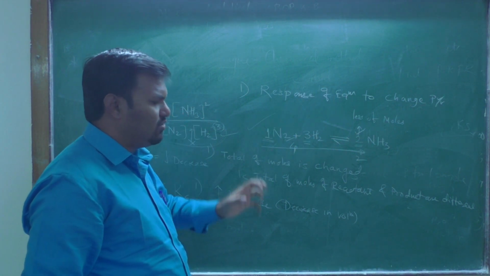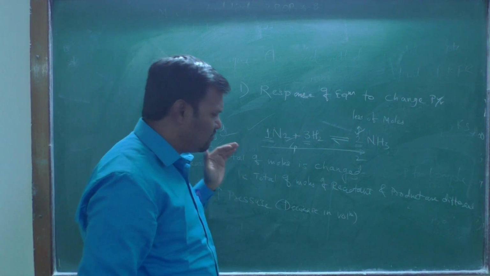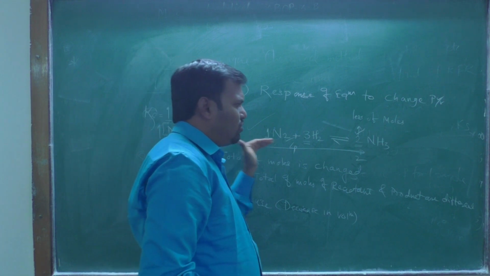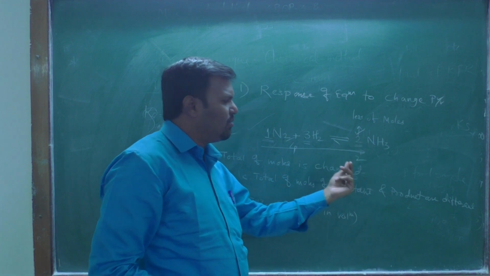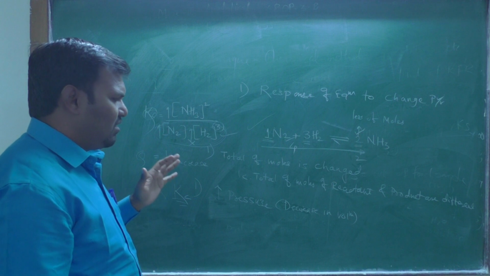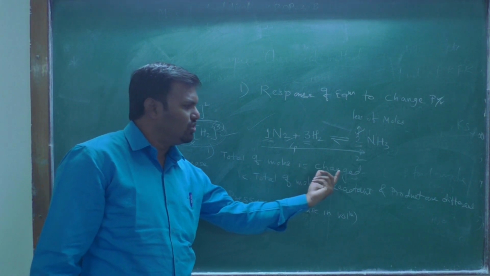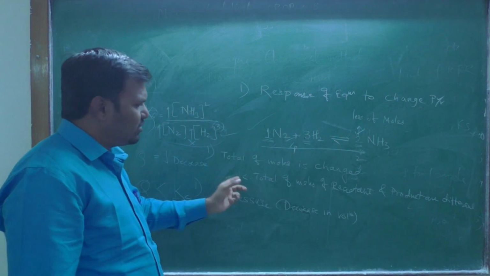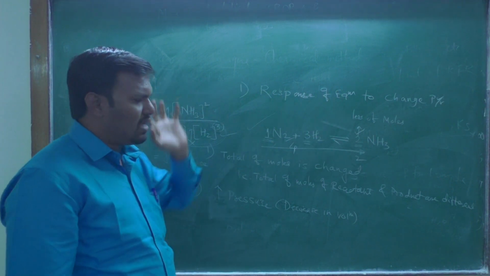Therefore, when pressure is increased, which means a decrease in volume, your reaction proceeds towards the product side, which has the lesser number of moles. We can say this applies where the total number of moles is changed, the 4 and 2, that is, the total moles of reactant and product are different.